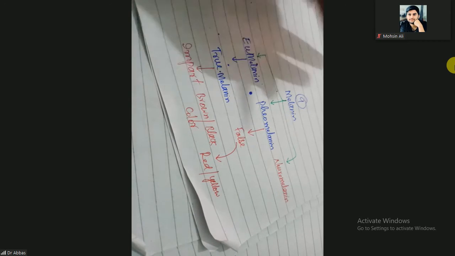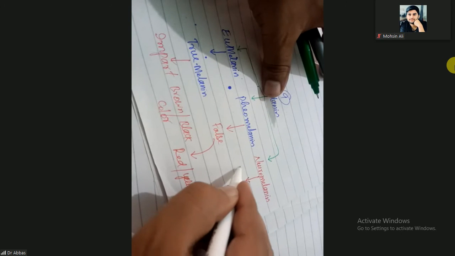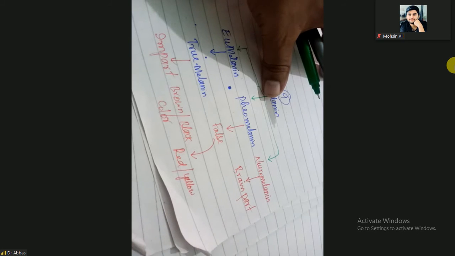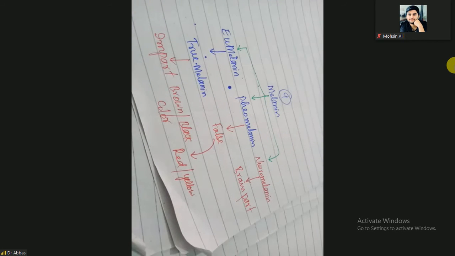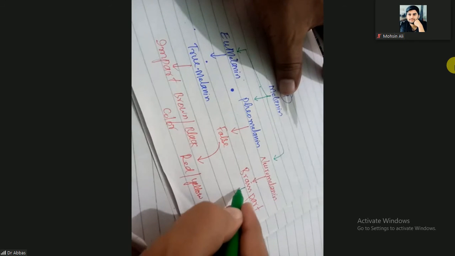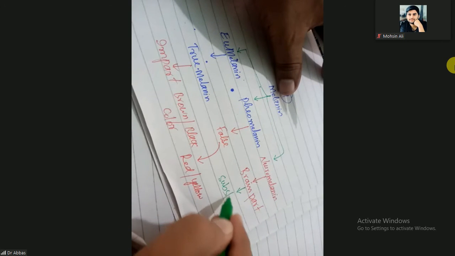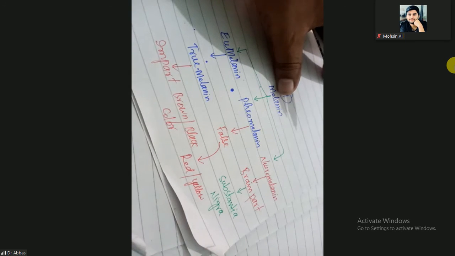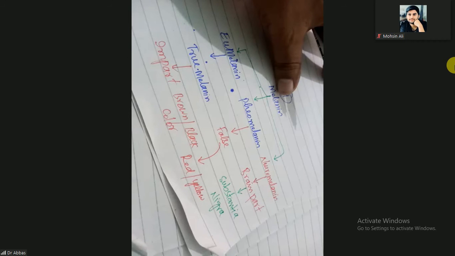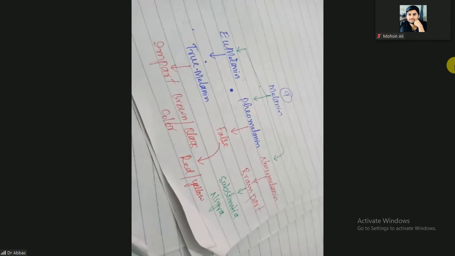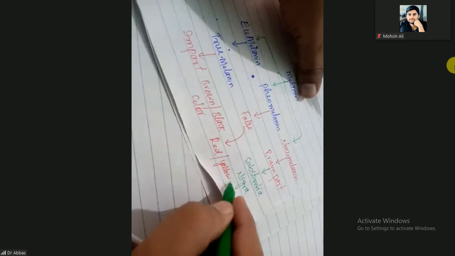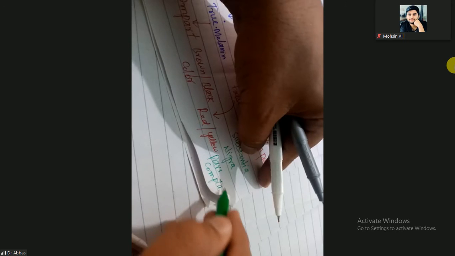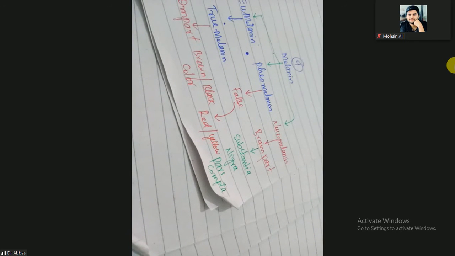So then what is neuromelanin? Neuromelanin is present in parts of the brain. Have you heard the word substantia nigra? Especially for dopamine synthesis, there is a nucleus in the pars compacta, the substantia nigra.